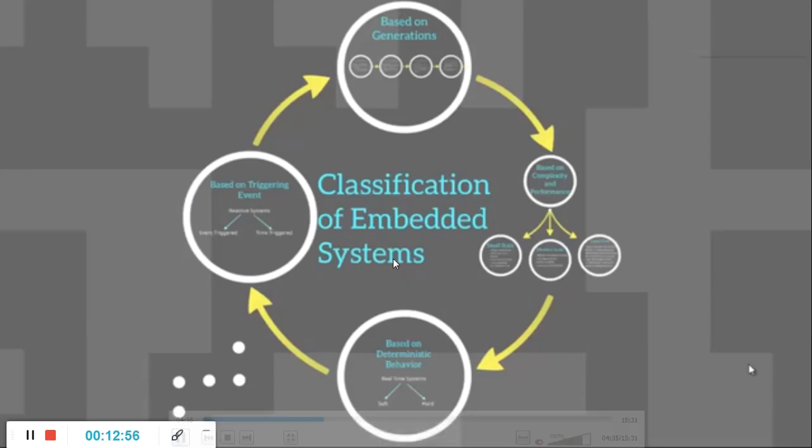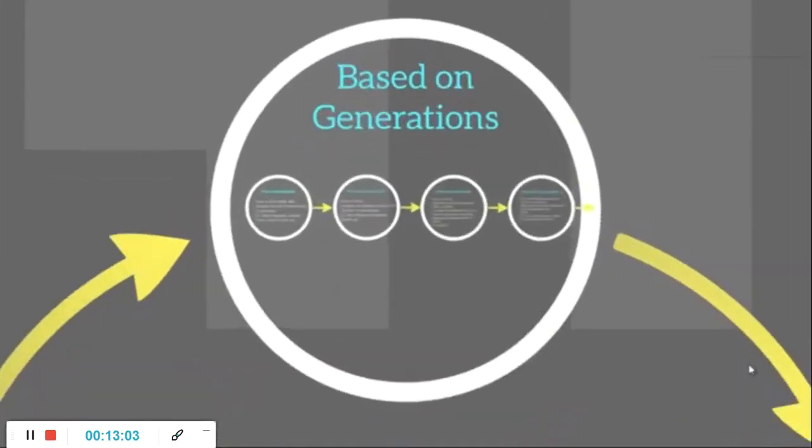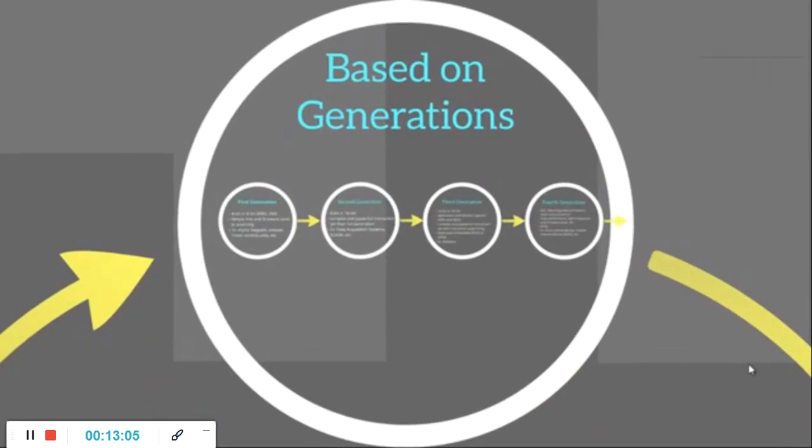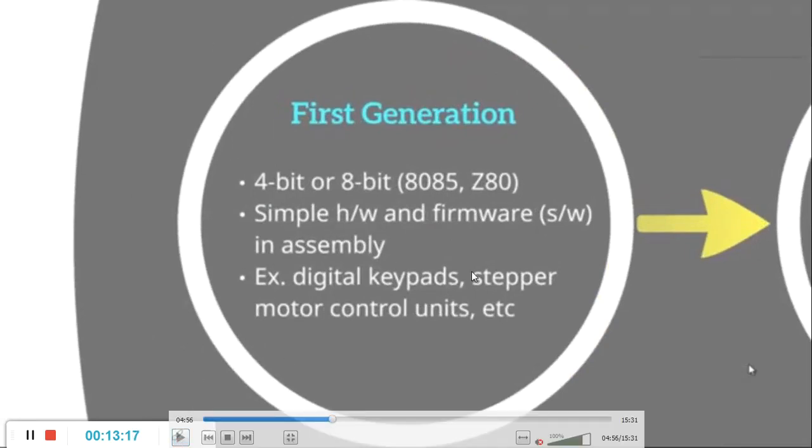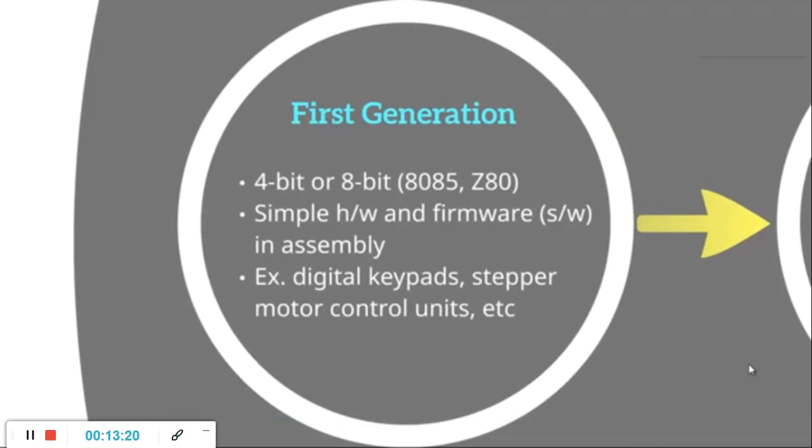First, embedded systems have seen a lot of general trends over the time they entered the market. We can divide the trend into 4 generations based on when they were introduced in the market: first generation, second generation, third generation and fourth generation embedded systems.